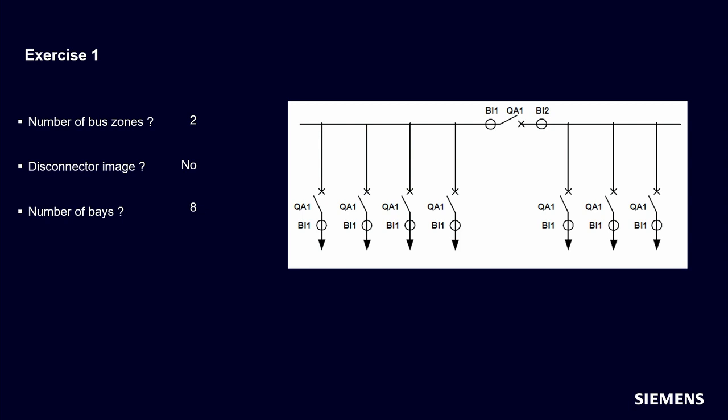So all in all, we need 8 bays in this example. How many CTs do we need? Of course, it's 9. We have 8 bays, but for the coupler bay, we need 2 CTs, so we need 1 CT more than bays, so we need all in all 9 CTs.